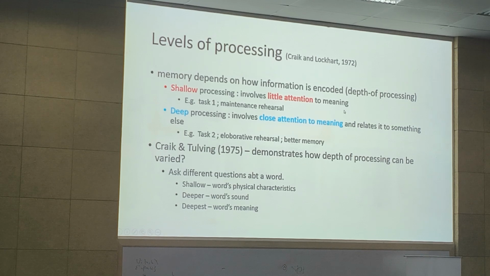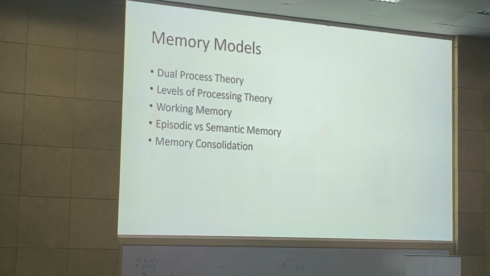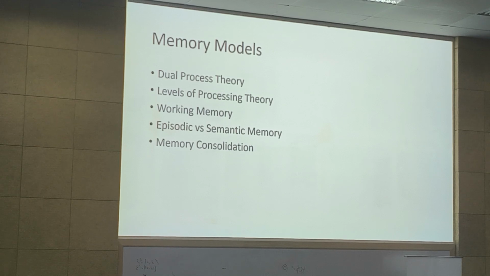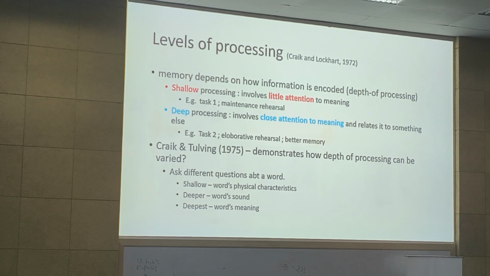Okay, so we have actually looked at other memory models. Some examples are dual process theory, levels of processing theory, working memory covered just now, the difference between episodic and semantic, and also procedural memory, and memory consolidation. So levels of processing actually refers to the level of detail that we put in to keep.